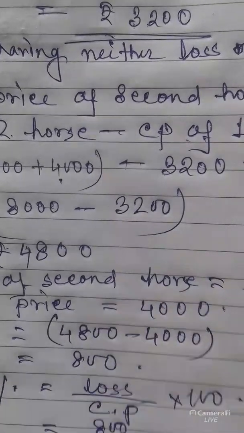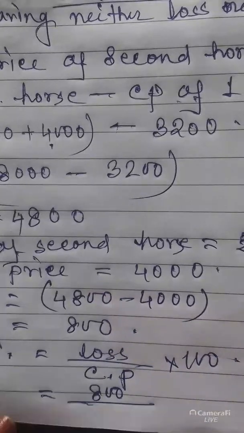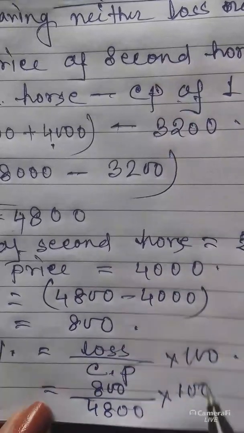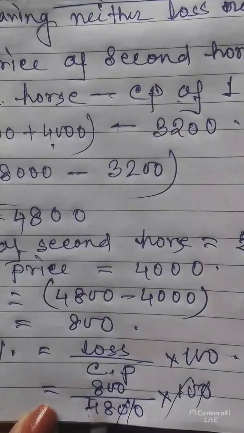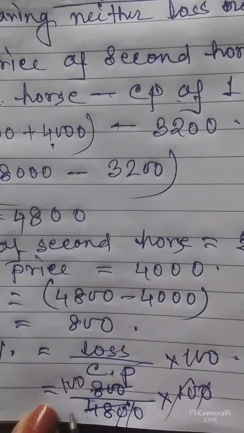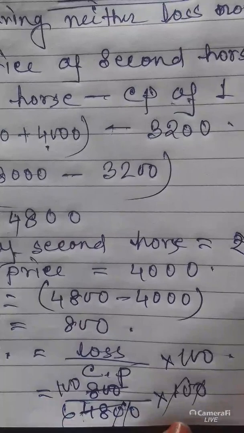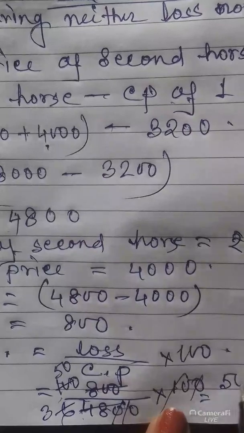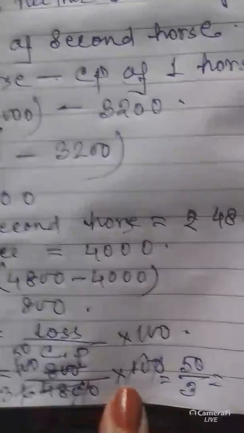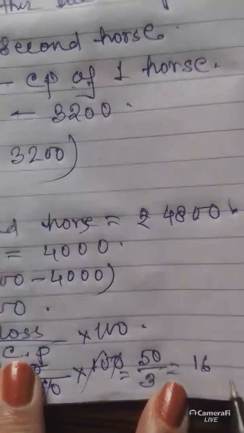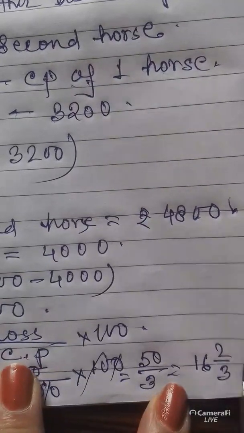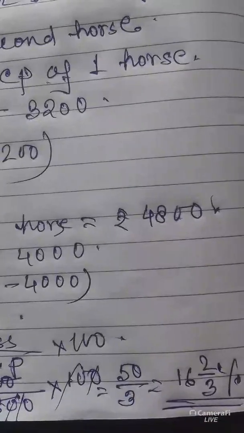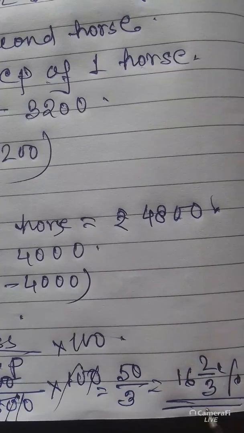Here loss equals 800, CP equals 4,800, into 100. 0 0 0 0 cancel. 800 by 6, so 100 by 6, 2 3s are 6, so 50 by 3 equals 16 whole 2 by 3%. The loss percent of the other horse is 16 whole 2 by 3%.